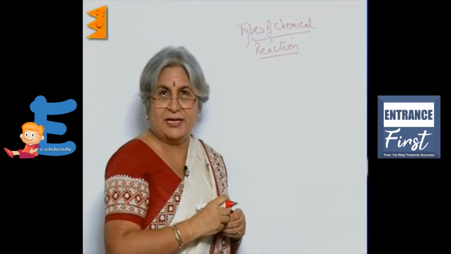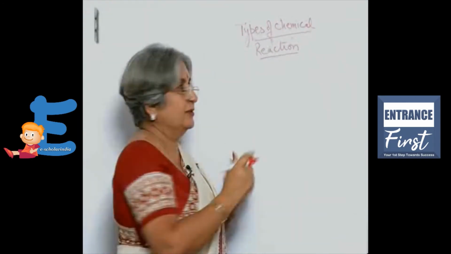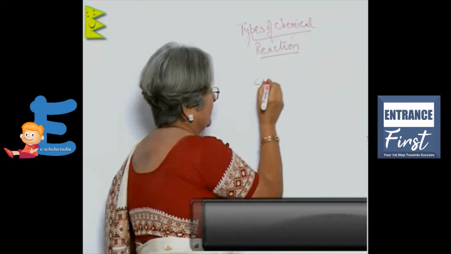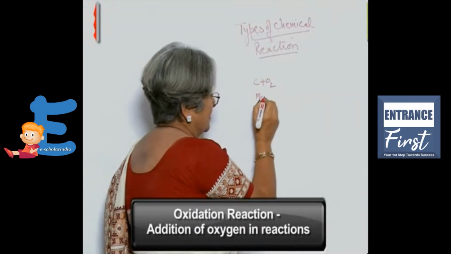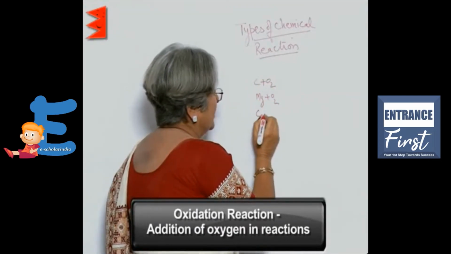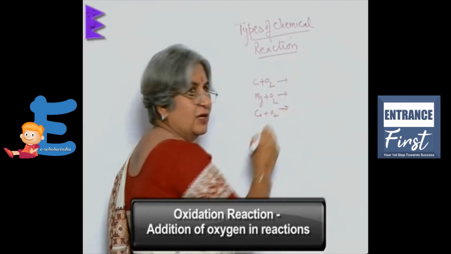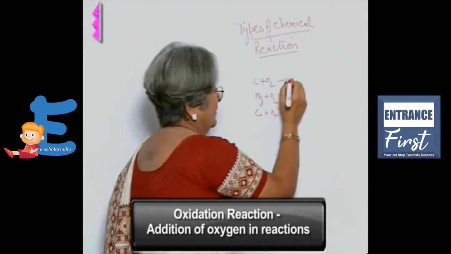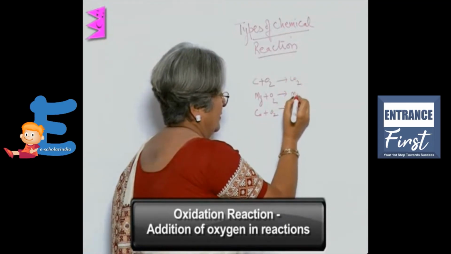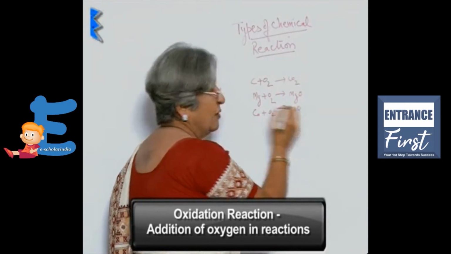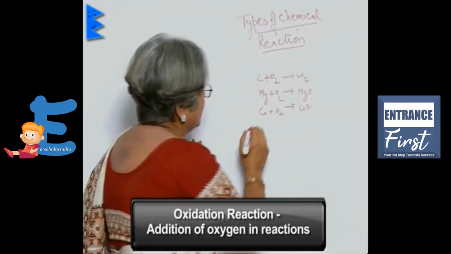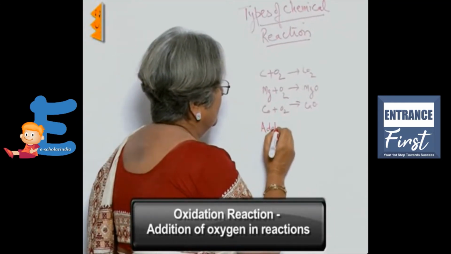Now what happens when an element combines with oxygen? Like in this case, or this case, or this case. Every time what we got was an oxide. Now what has happened? There is addition of oxygen.